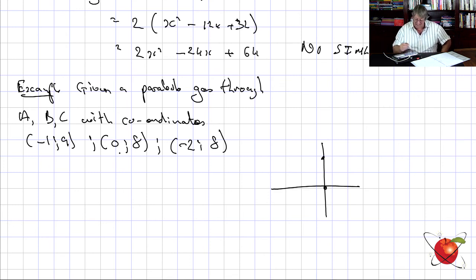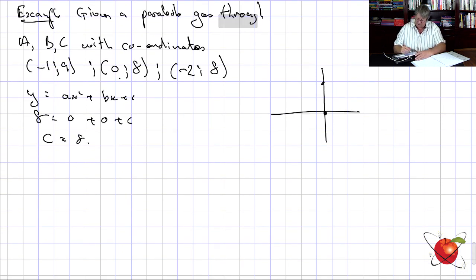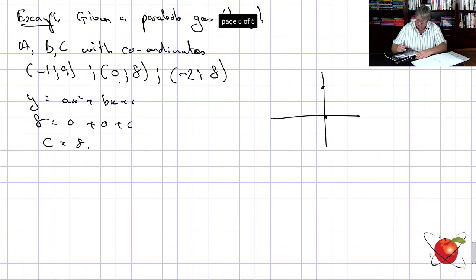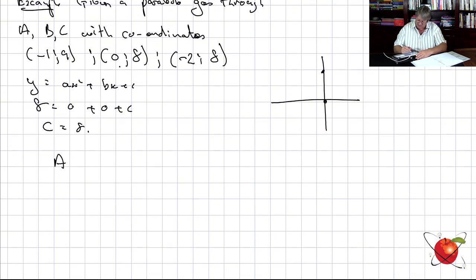What did I say? Plug in. Well, y is equal to ax squared plus bx plus c. Let's put it in. 8 is equal to 0 plus c. C is equal to 8. You can read it straight off. So therefore, this is going to be 2 simultaneous equations. Point A is -1 and 9.